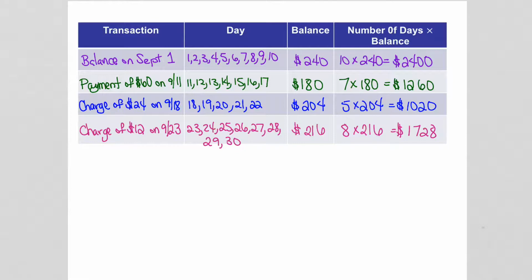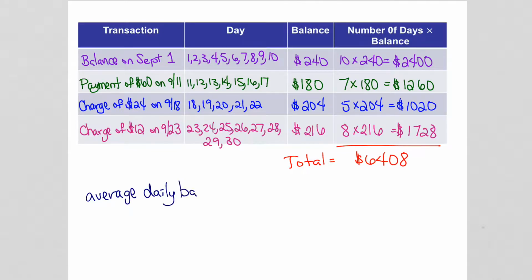Now, what we have to do is add those up. We get 6,408. So your average daily balance is those all added together.